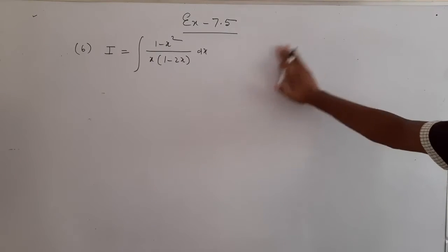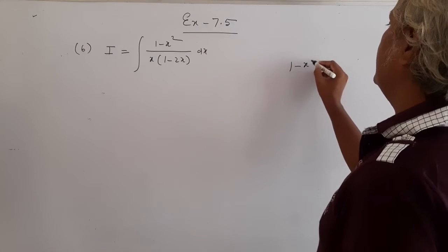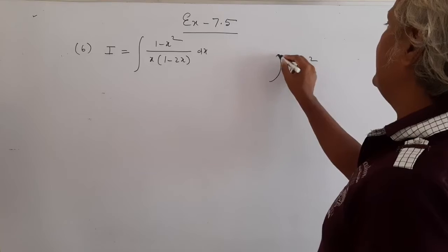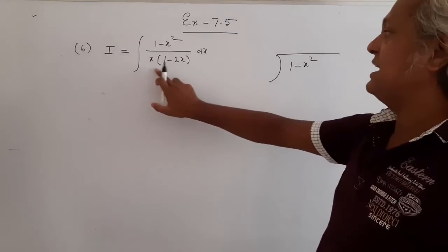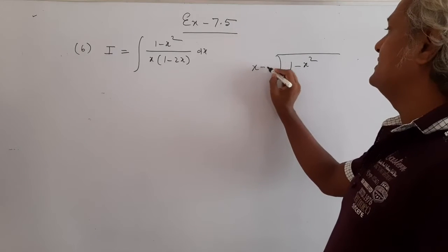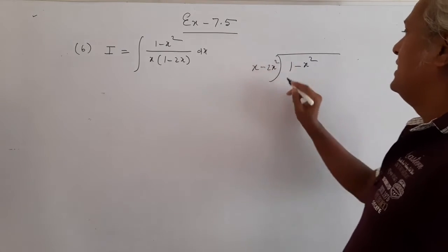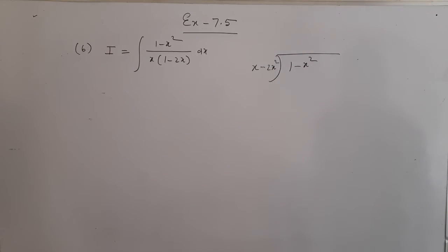So first let me write this numerator, which is 1 minus x square. Now I need to divide, but I expand the denominator before division. So x times 1 becomes x, and x times minus 2x is minus 2x square. Now I have to divide 1 minus x square by x minus 2x square.